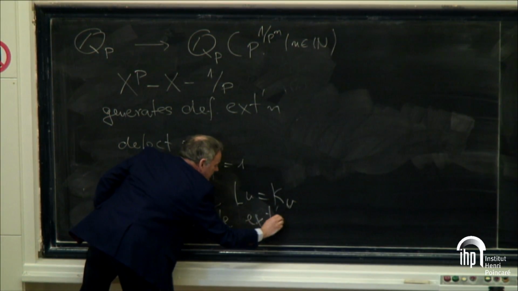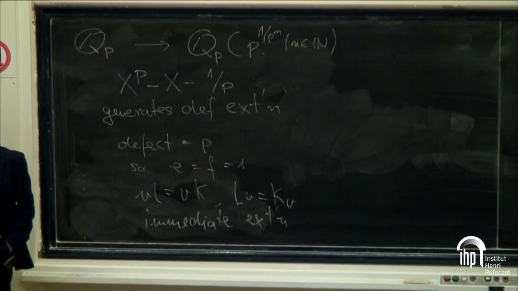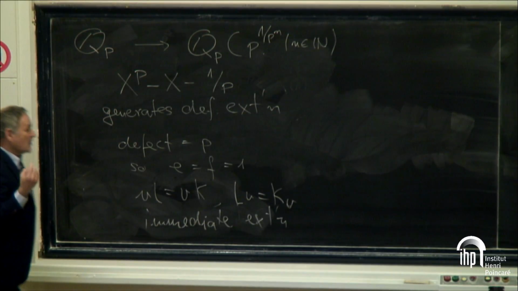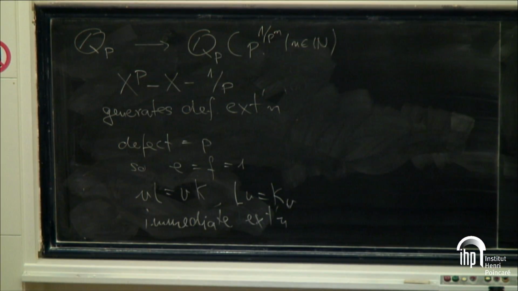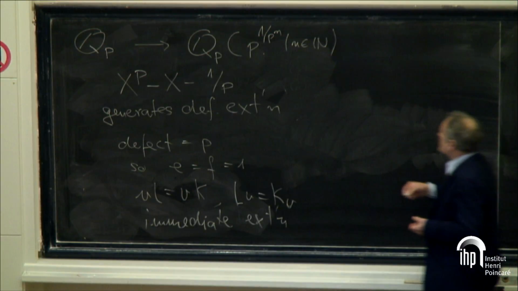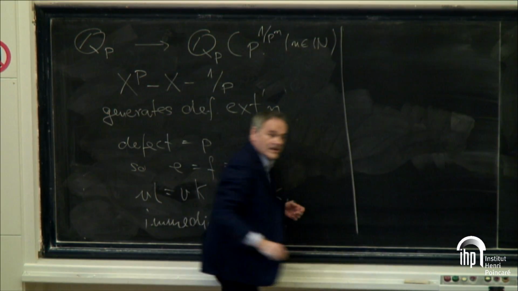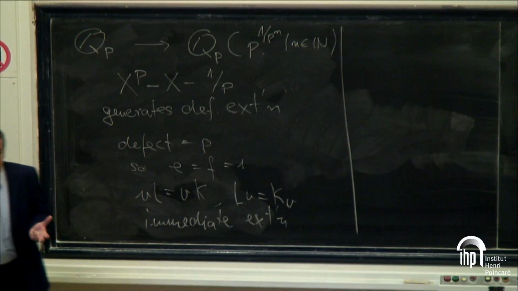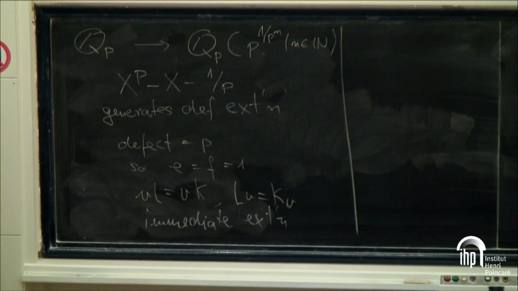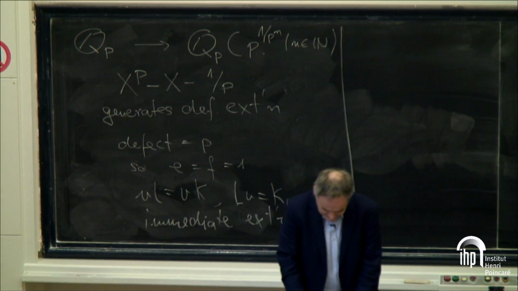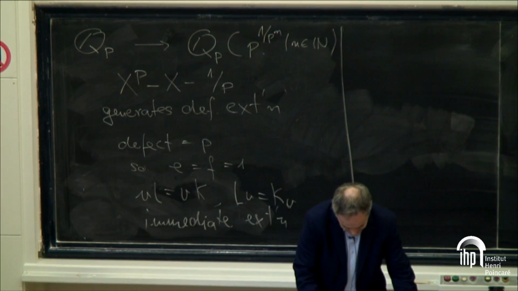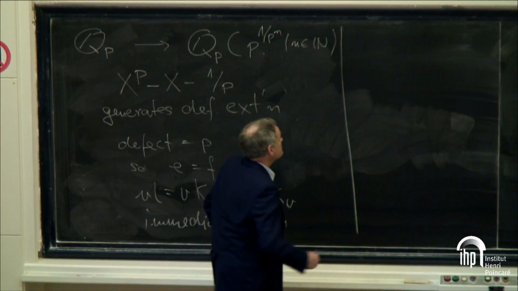Which means that value group and residue field don't tell us much anymore about this extension, which has a consequence for the model theorists that relative model completeness breaks down. If you have immediate algebraic extensions, no chance for relative model completeness unless you suppress such extensions somehow by an enriched language. Okay, so the defect is a main hurdle.